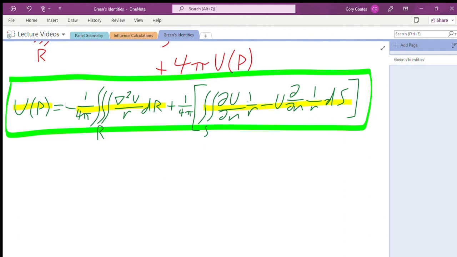Now this is really powerful, especially when we can say that the Laplacian of u is 0. I'll get into that in the next video, and we'll talk about how panel methods arise out of this.